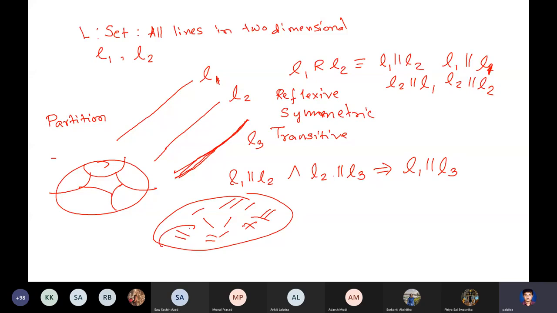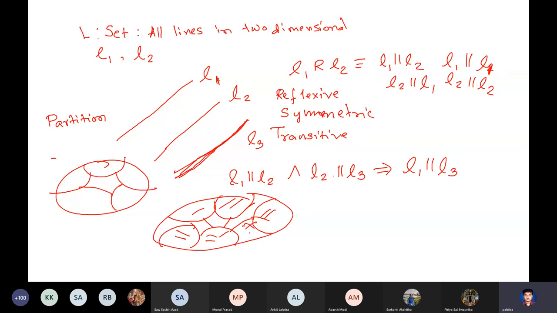You form such groups, and you will easily see that this is a partition in the sense that these are exclusive. Of course, if two lines are parallel to each other, they belong to the same subset. And if they do not belong to the same subset, they intersect, they are not parallel. Of course, I'm talking about Euclidean geometry.